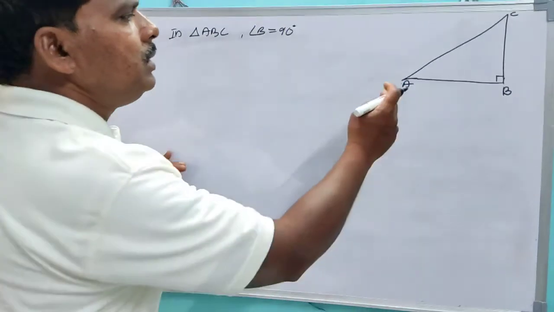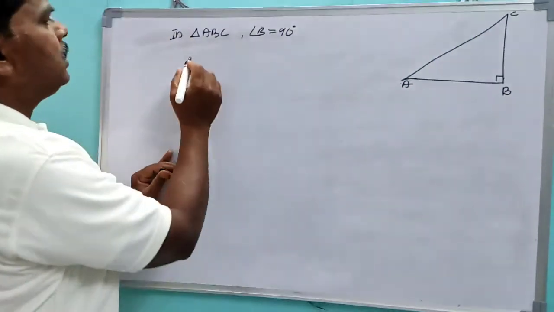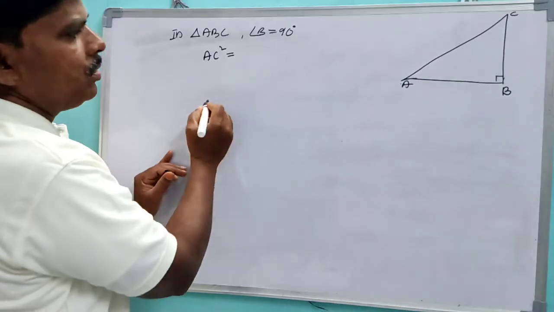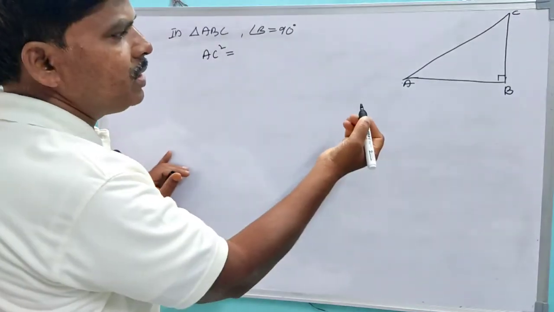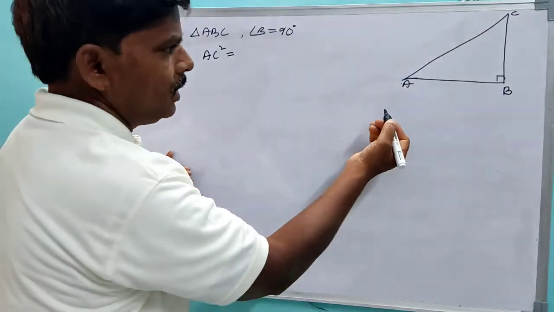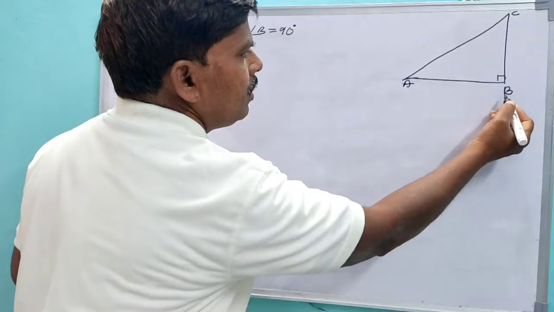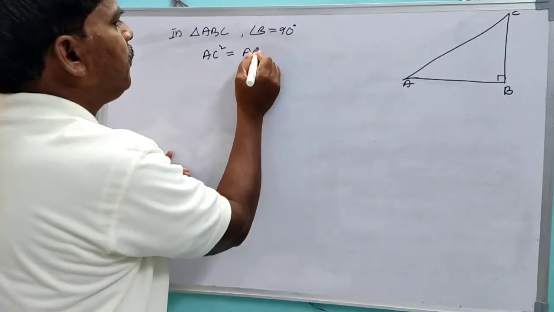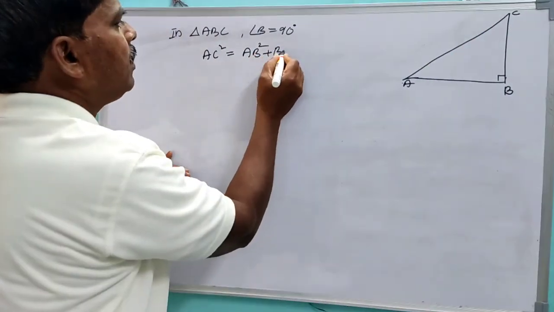So here AC is the hypotenuse, so AC square is equal to AB square plus BC square.